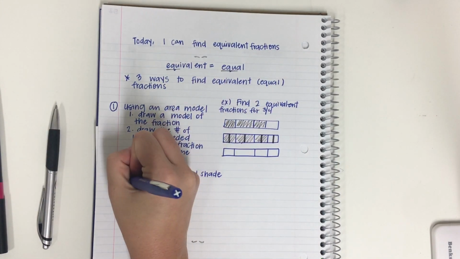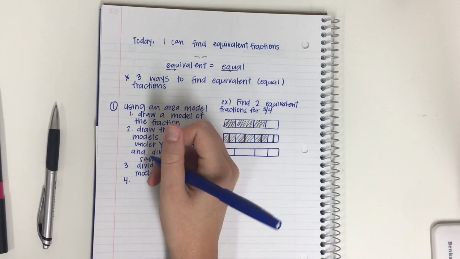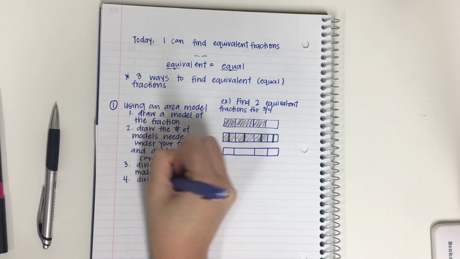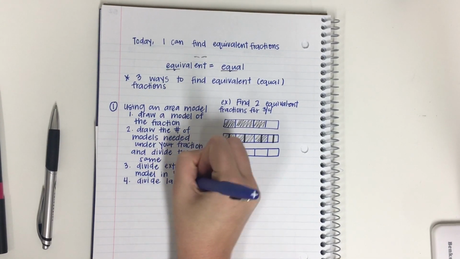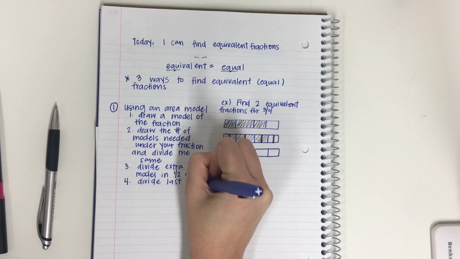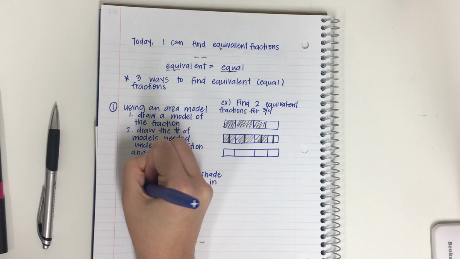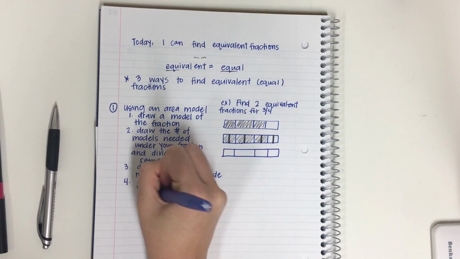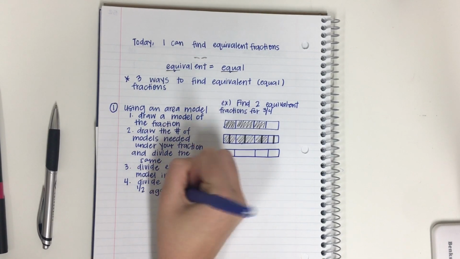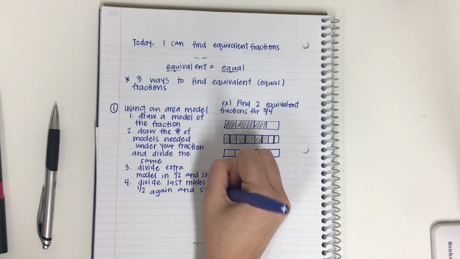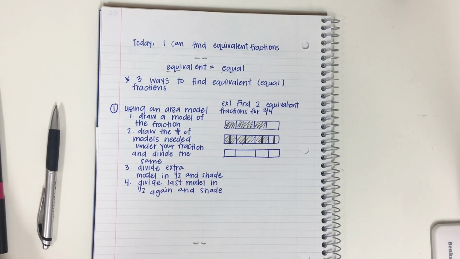Okay, step 4. Divide last model, which is here, in half again, and shade.